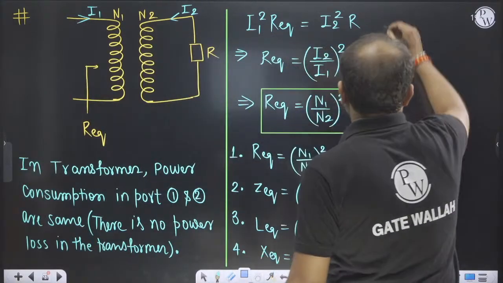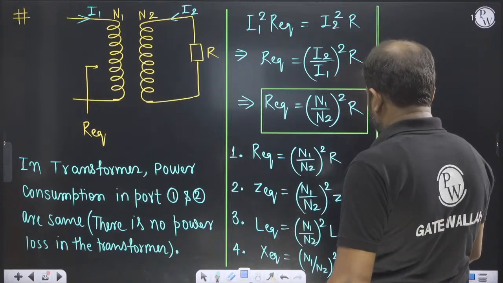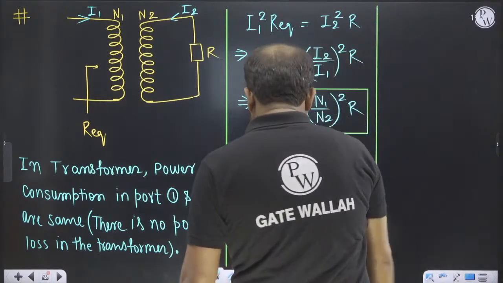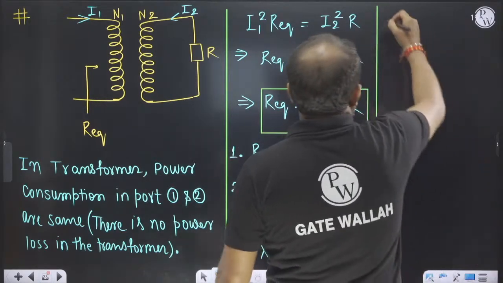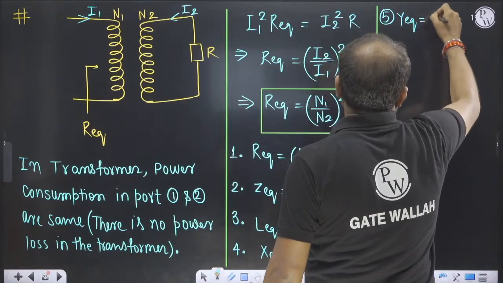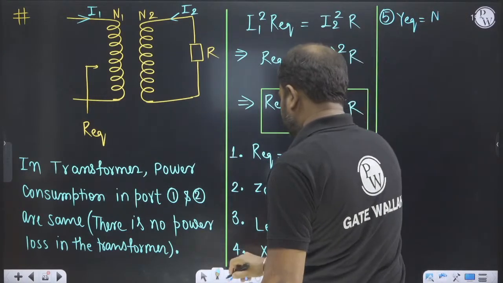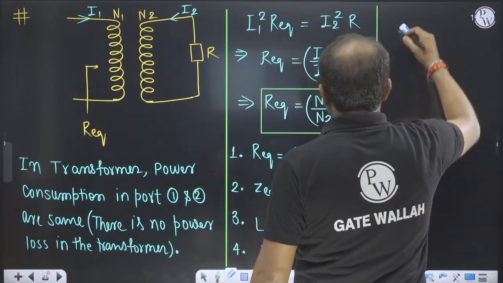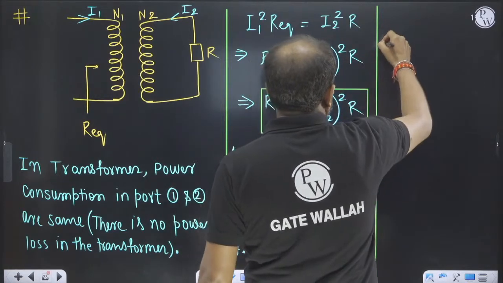Then if admittance is given, in case of admittance the ratio will change.